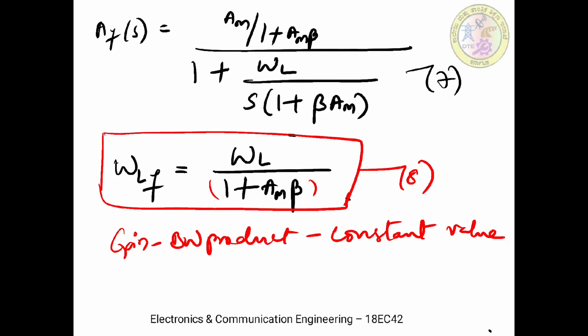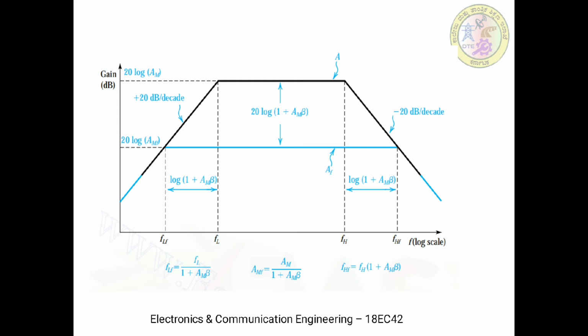This conclusion is possible just by comparing equation 4 and 8. So this is the effect of feedback on the lower and the upper 3 dB frequencies in the frequency response of the amplifier. Next, going to the next part.